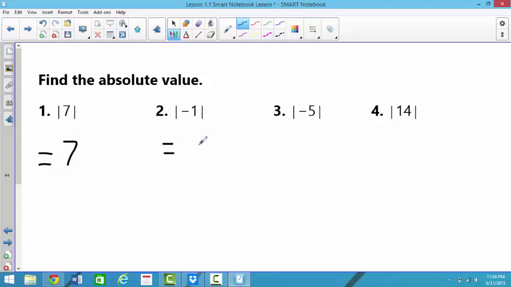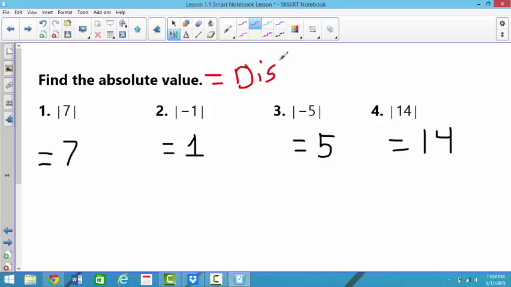The absolute value of -1 is 1. The absolute value of -5 is 5. And the absolute value of 14 is 14.